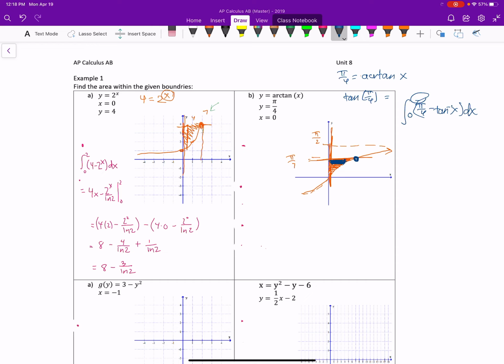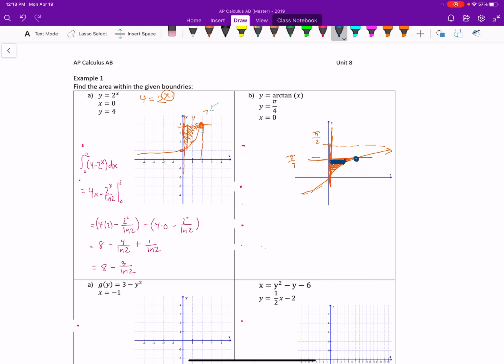Tan of pi over 4 is what goes in there, and that's going to be a 1, I think. But I still don't know how to take the integral of that, so you wouldn't be able to do this without a calculator. That's where doing it all in terms of y comes in and is helpful here. So the easiest way for this problem is really rewriting this in terms of y.